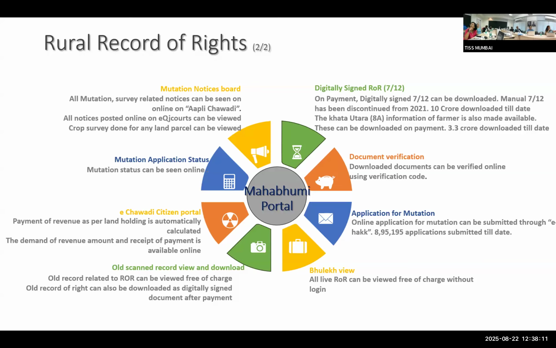And then there is one very important facility which is Bhulek View, where you can freely view any of the 712s, any of the 8As, any of the property cards. Here again, you don't need to have any information if you are checking for a sample. If I want to download my own document, I will just put in my district, taluka, village, and my name or even my surname.